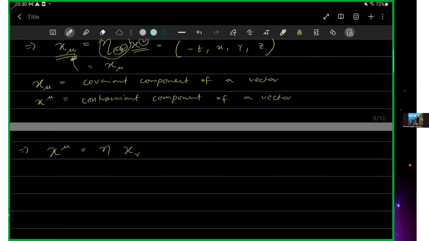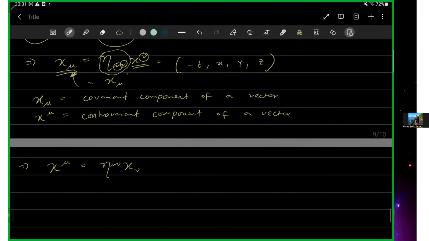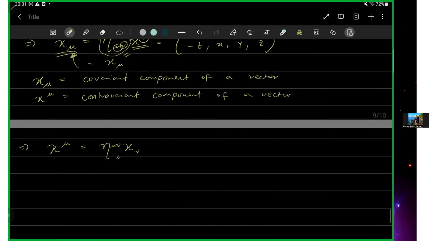In that case, I would need a metric that has upstairs indices, so I would need its inverse. Here you see that ν again is contracted out, so I would get the surviving index left, and I should get x^μ like this.